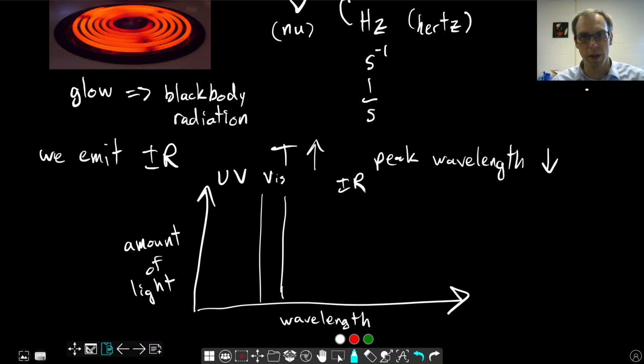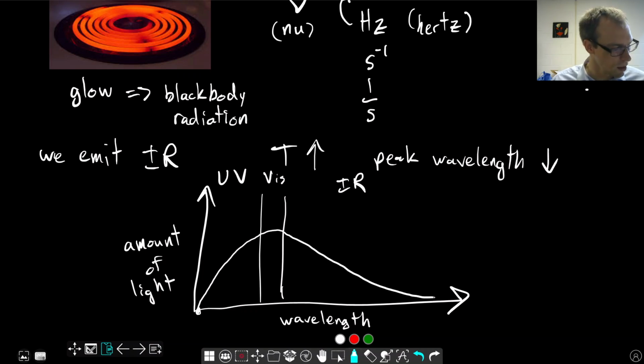This is what scientists measured for blackbodies at different temperatures. What's experimentally observed is you get something that looks like this, roughly speaking. This would be maybe 6,000 Kelvin or something, quite warm. This is like the temperature of the sun.